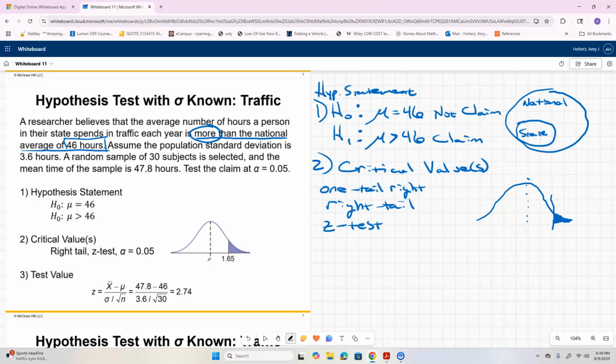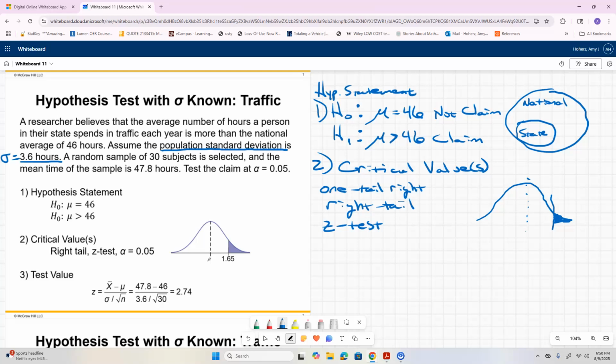Well, we know because up here it says the population standard deviation is 3.6 hours. And if we know the population standard deviation, that's our sigma. And if we have sigma, we do a z-test.